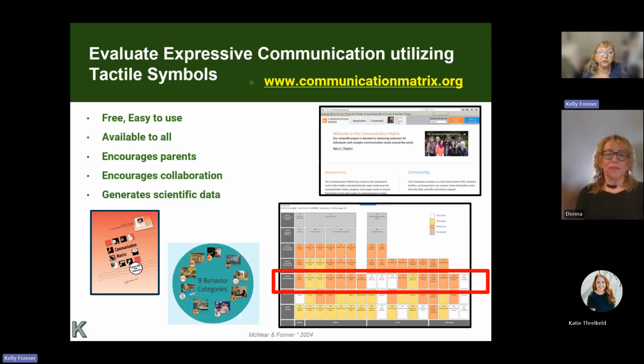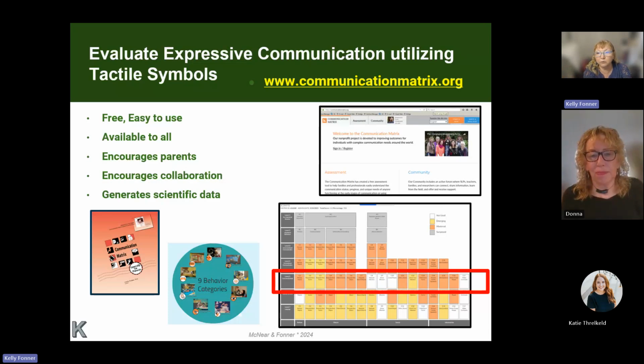which is free to use up until once you go past 6 assessments in a year. But one of the things about it is that level 5 looks at the use of what they call concrete symbols. So you'll see those representations in the questions, whether it's about how they're using tactile symbols to refuse, how they're using tactile symbols to obtain, to be social, and to give and get information.